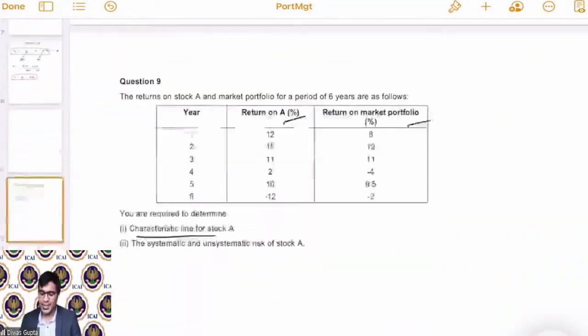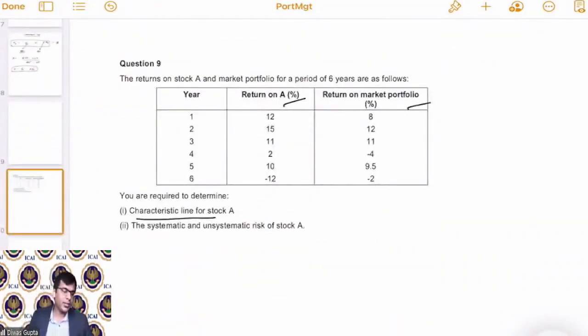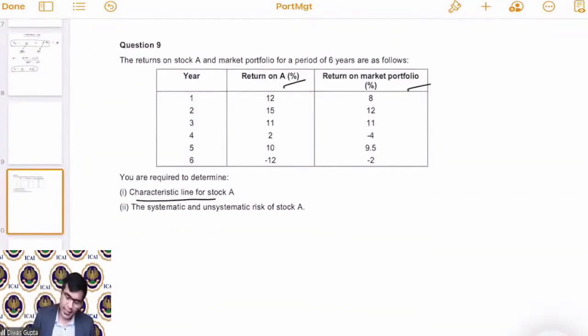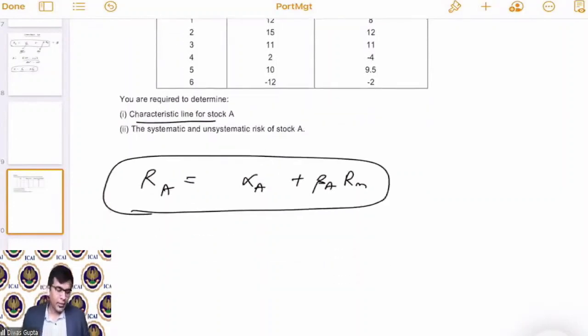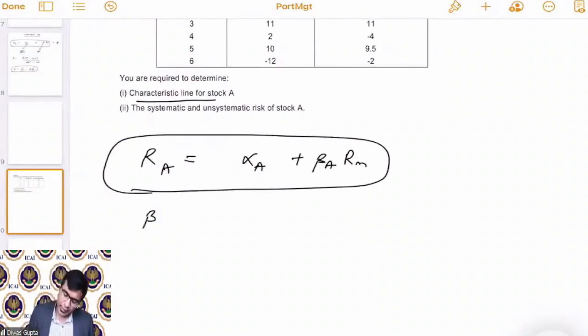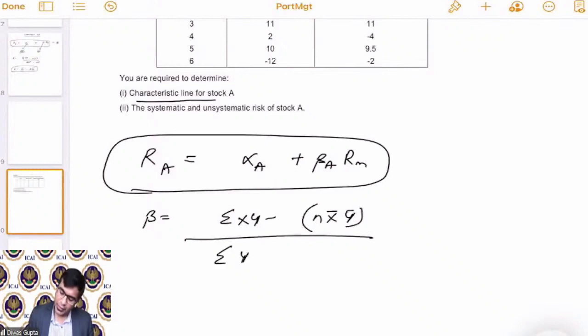Okay, students. This we have also discussed in the regression technique, but again, I'm just brushing up the concepts here. So the characteristic line is given by return on A is equal to alpha of A plus beta of A multiplied by the market return. Now, beta is calculated through this formula: summation xy minus n x bar y bar divided by summation y square minus n y bar square.